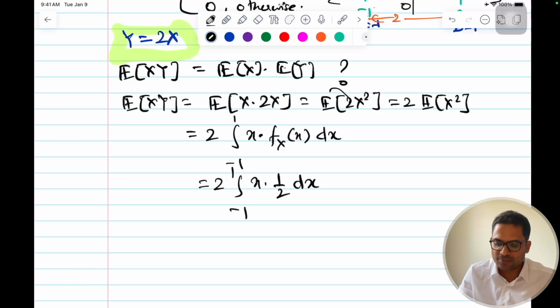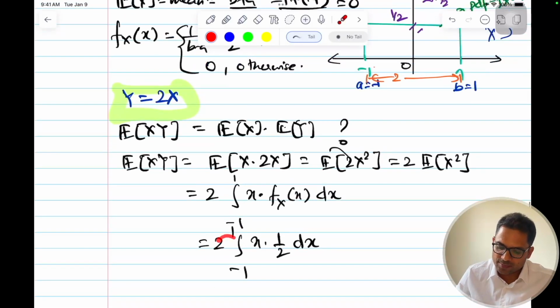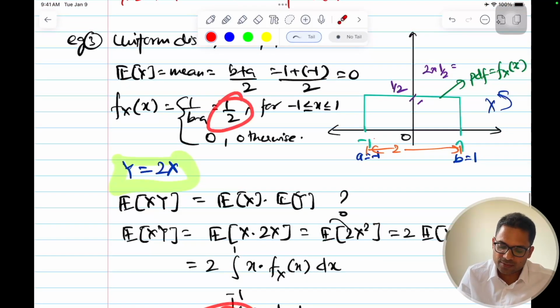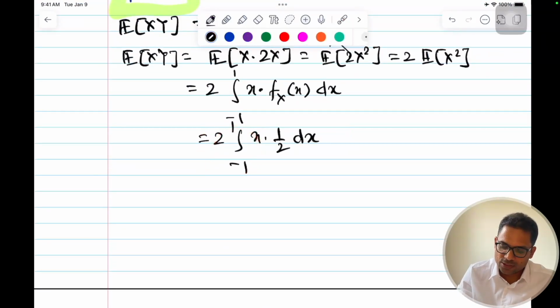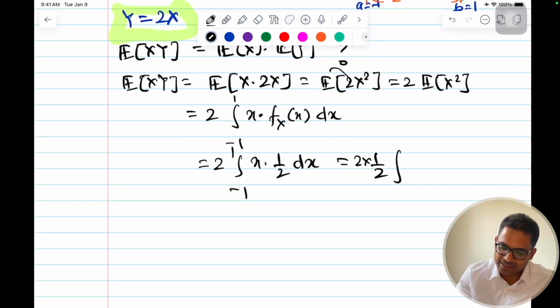Fx of x is defined as half in this range, minus 1 to 1. It's 0 otherwise, so the remaining things become 0 anyways.